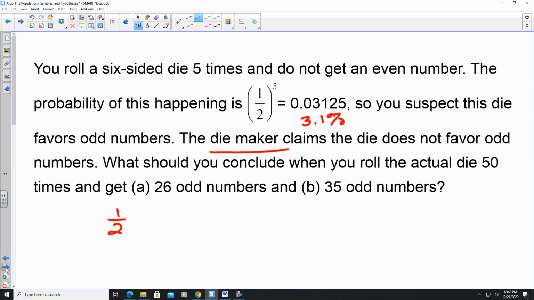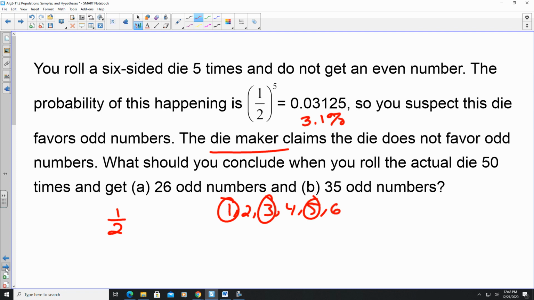Because there's 1, 2, 3, 4, 5, 6. So there are 3 favorable outcomes and 6 possible outcomes in this particular situation.